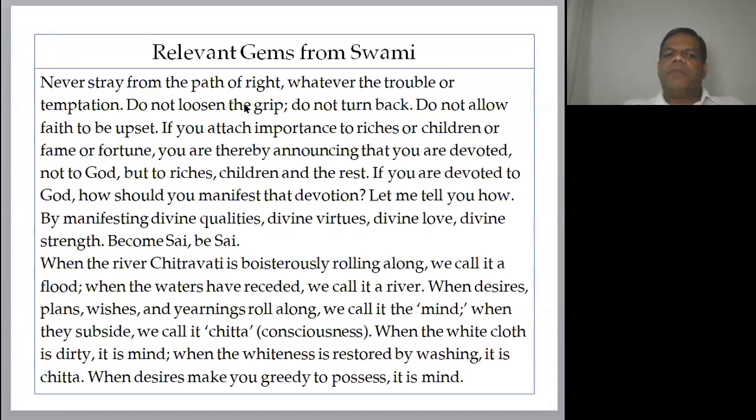Never stray from the path of right. Whatever the trouble or temptation, do not loosen the grip. Do not turn back. Do not allow faith to be upset. If you attach importance to riches or children or fame or fortune, you are thereby announcing that you are devoted not to God, but to riches, children, and the rest.